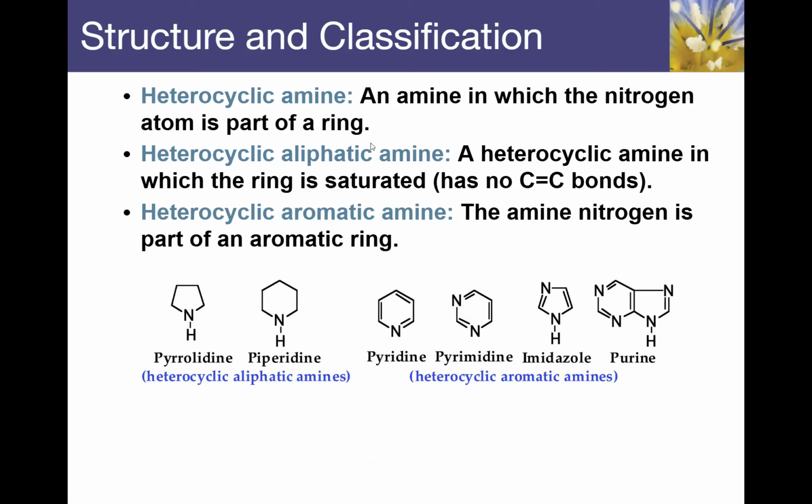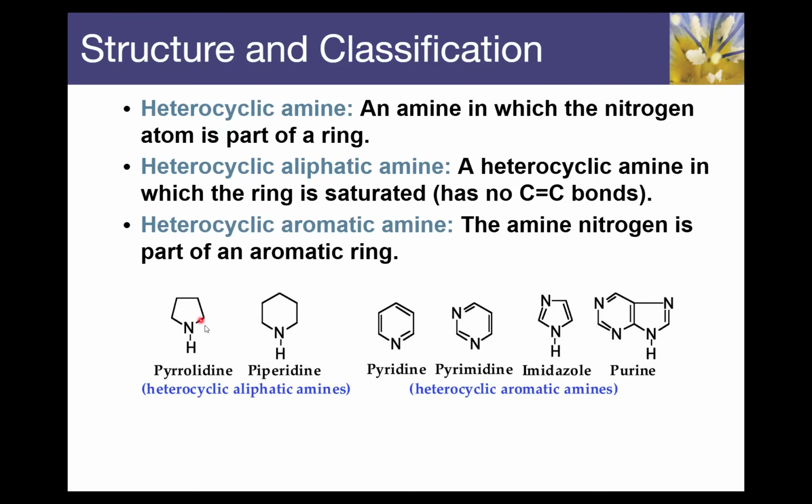So heterocyclic amines are amines where the nitrogen atom is part of a ring, right here. Here are heterocyclic amines. A heterocyclic aliphatic amine has no double bonds; it's completely saturated, and the nitrogen is part of the ring. This is a heterocyclic aromatic amine.